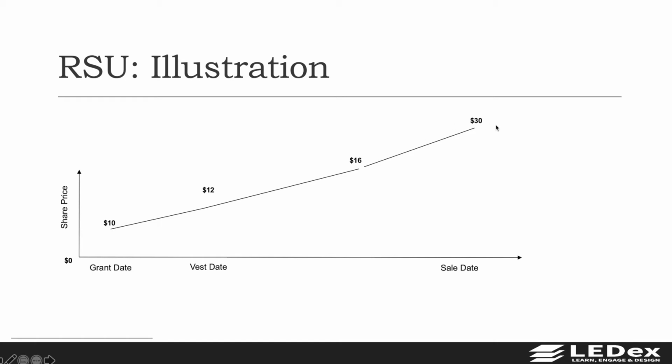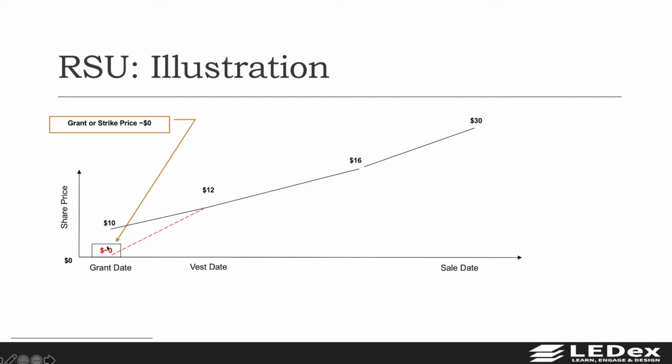The key difference being that in an RSU, the strike price is set at almost zero. And I use the term almost zero because in some countries, there is a minimum value that needs to be set as a strike or a grant price, but it's quite negligible. It's close to zero.